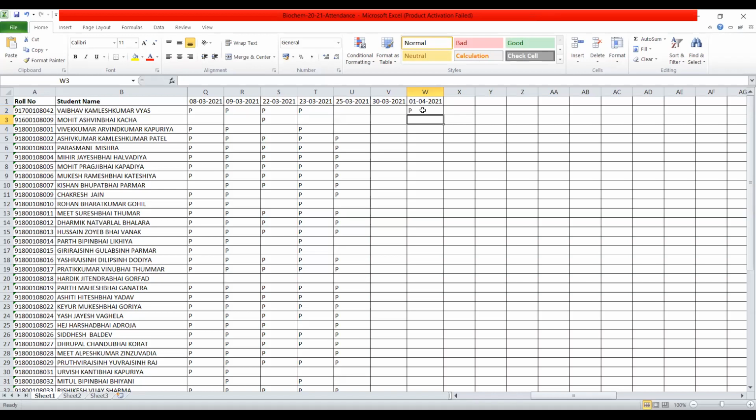Mohit Kacha, roll number 1, 2, 3, yes ma'am. 2, 3, 4, yes ma'am. 5, yes. 6, yes ma'am. 7, 9, 10, 11, 12, 13, yes ma'am. 14, 15, 16, yes, 17 ma'am. Yes, 18 ma'am.